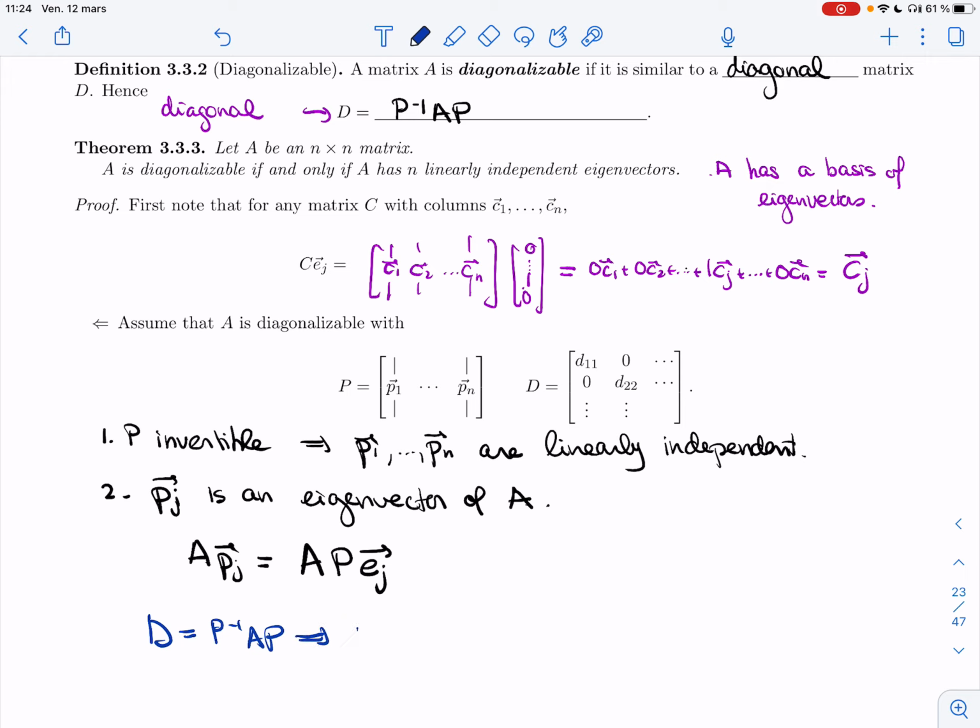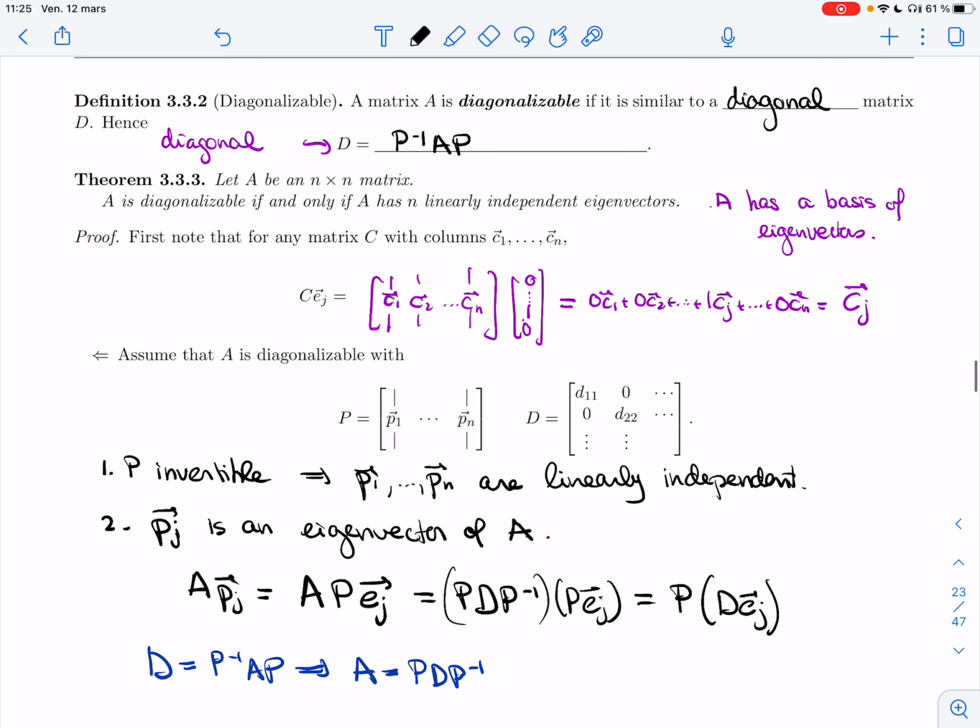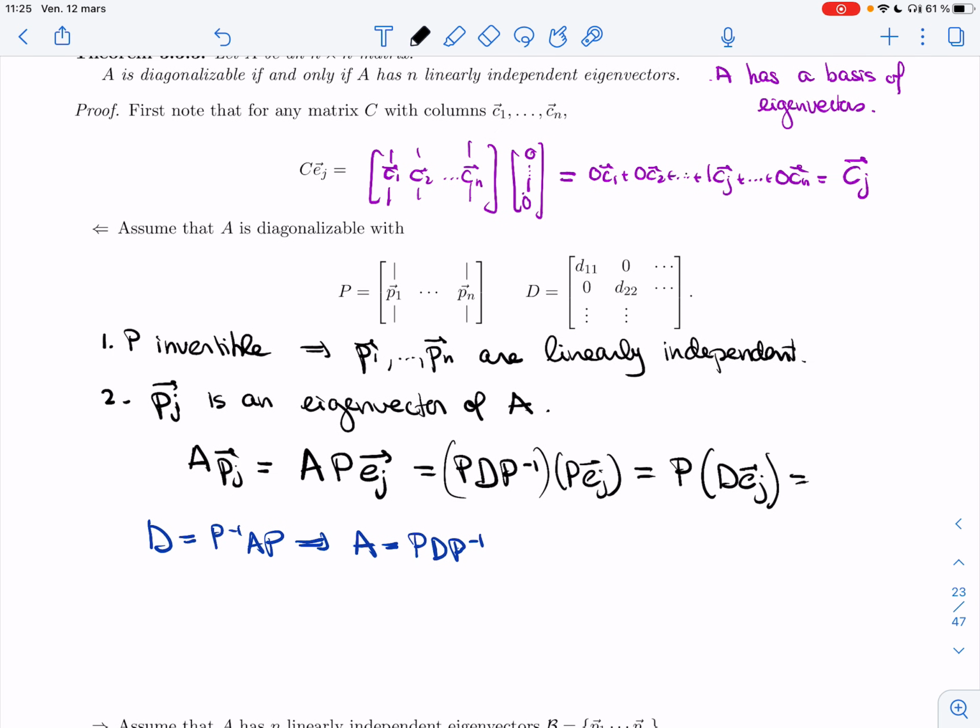That means that A is PDP inverse. And so I get PDP inverse PEj. The P's cancel. I have PDEj. That's going to give me the jth column of D. Well, that's one of these.